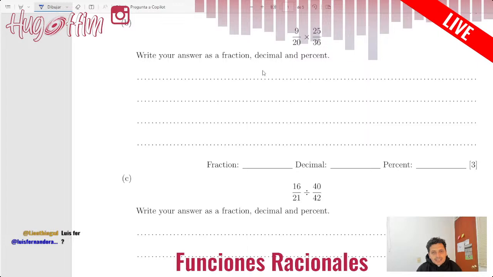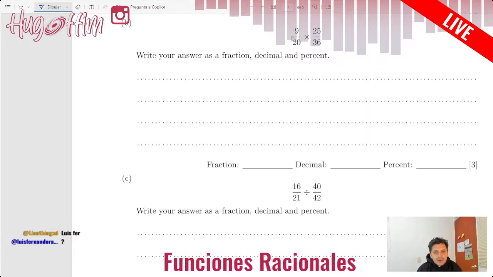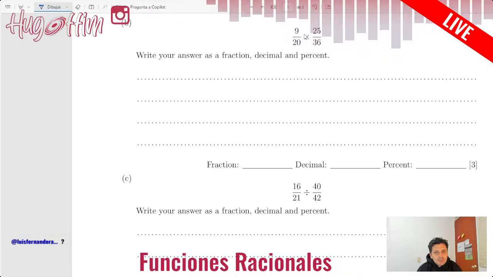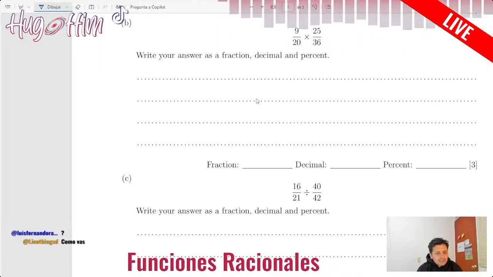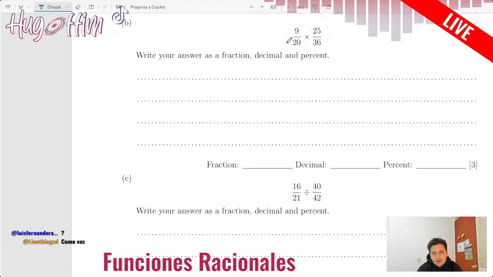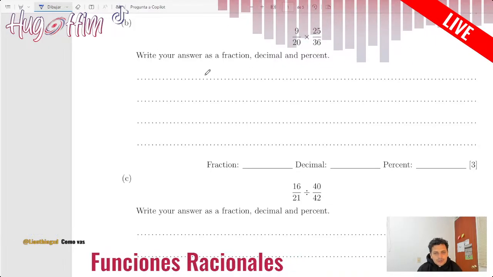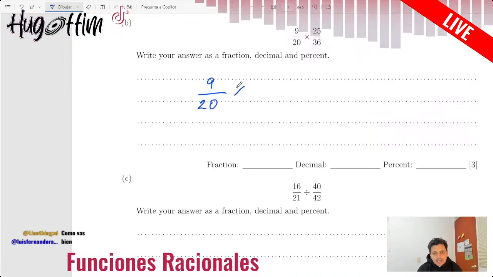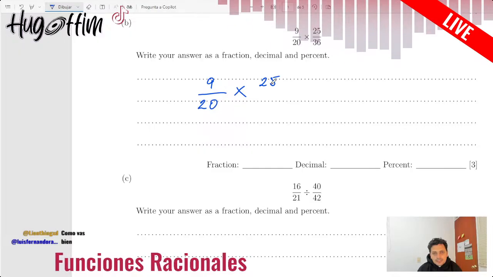One strategy you can use when you simplify fractions is to rewrite the numbers as a product of common factors, so you can simplify them better. Let's say that I want to work out 9 over 20 times 25 over 36.